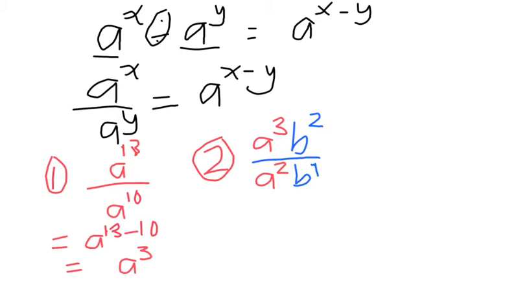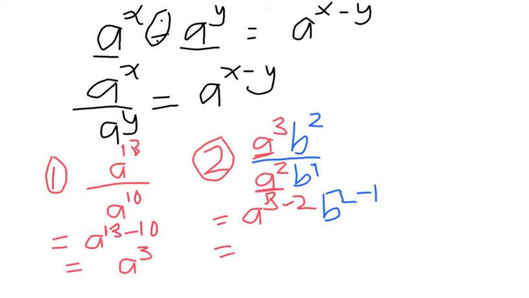So, what do we need to do? Well, we need to group our like terms. So our As go together and our Bs need to go together. So, our next line should look like A, 3 take away 2, and B, 2 take away 1.